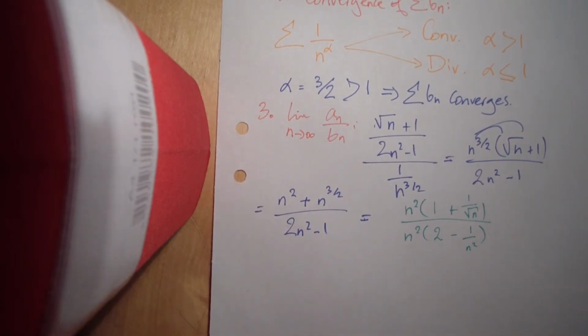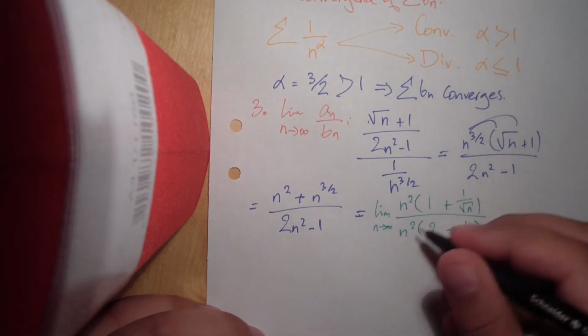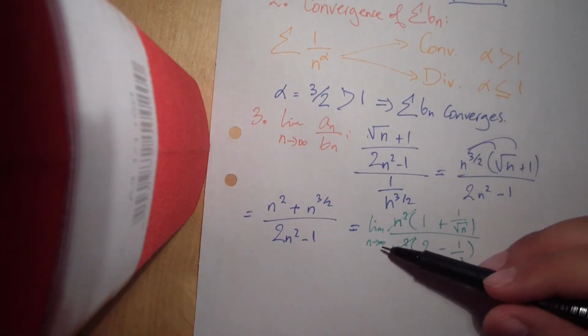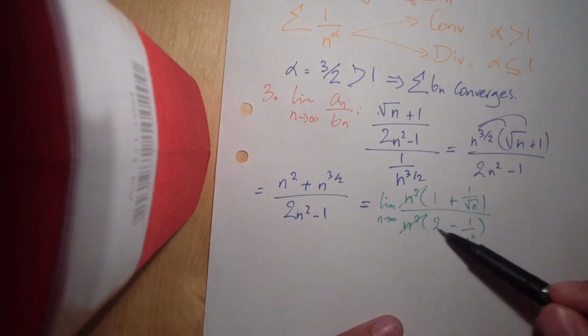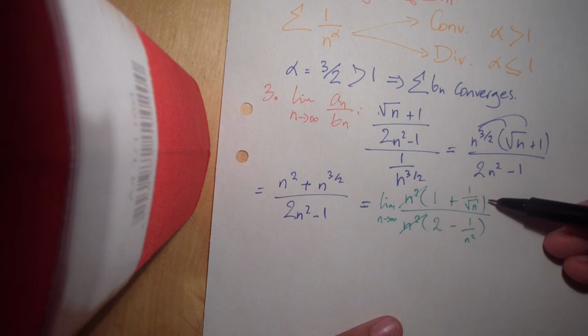Great. Now we can start looking at the limit as n goes to infinity. Firstly, this n squared and this n squared just disappear. And then when n becomes really large, approaching infinity, like a trillion trillions, then the square root of n is a trillion.